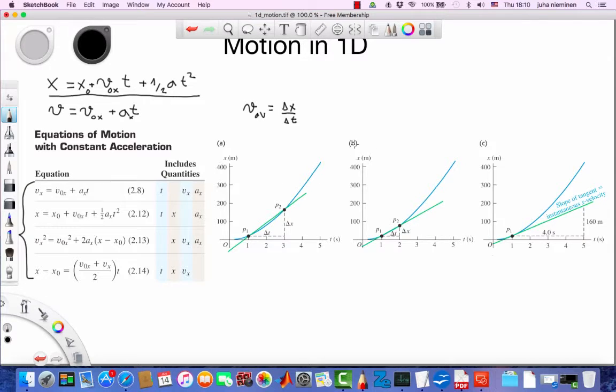And in the second graph, point 2 has been brought closer to P1, so there's a shorter period of time between these two instances. But the same thing applies. If we calculate the rise over run, we get the average velocity going from point 1 to point 2. Now the interesting thing happens in graph C, when point 2 coincides with point 1.